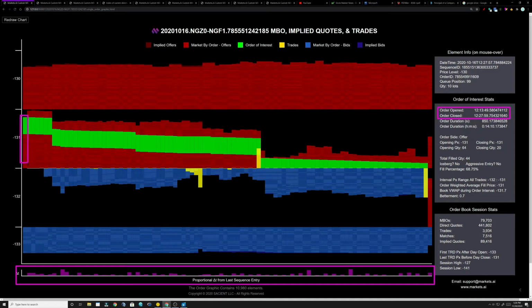It opened at 12:13, which is an interesting time of day to select. So by putting it on during the midday when the liquidity is low, you can effectively reduce your Q position. So we saw here in looking at the first entry, when it was brand new, it was 130 lots behind.